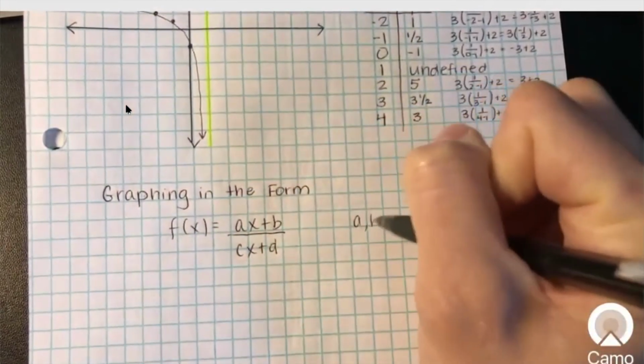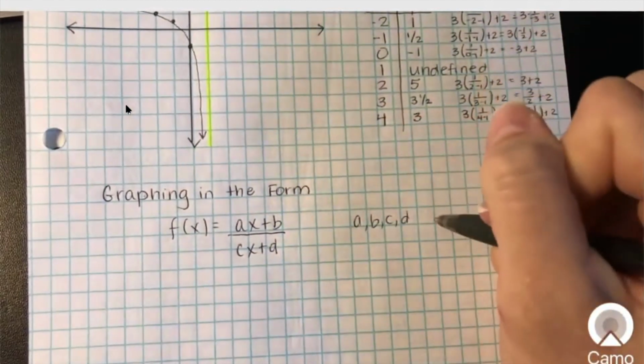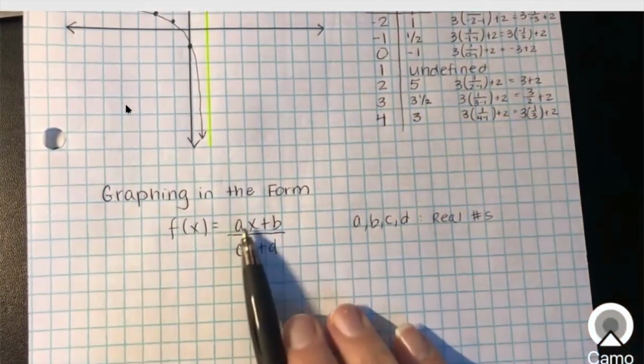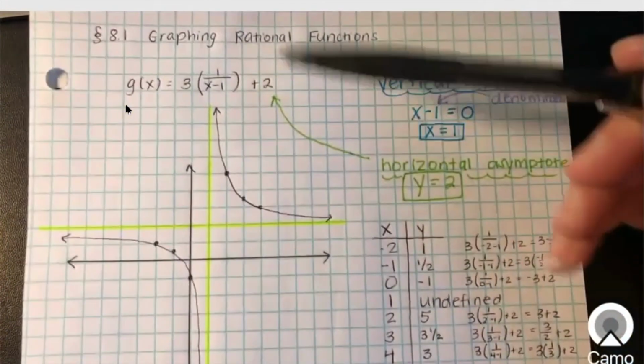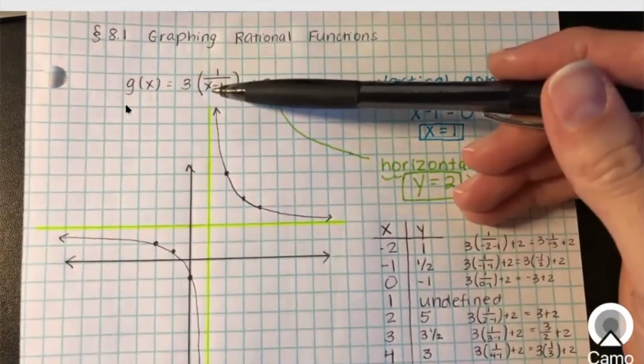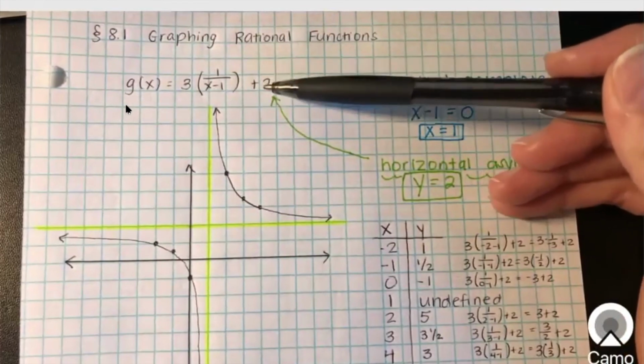And so in this case, a, b, c, and d are all just real numbers. Okay, so this is just indicating that these are numbers. So the thing that looks different about our form we have here and our first form is that, notice how we just have our x in the denominator, and we also have this constant added at the end.